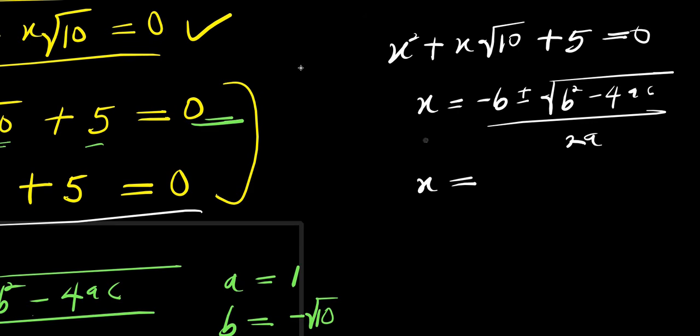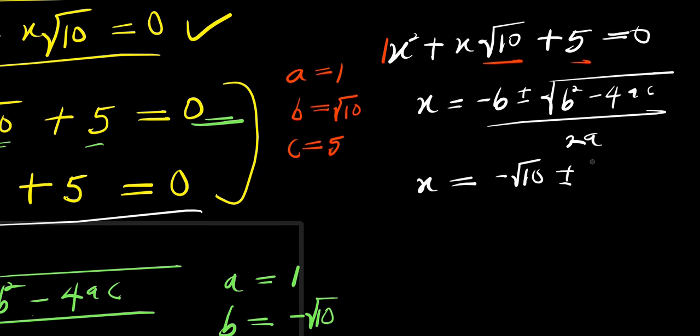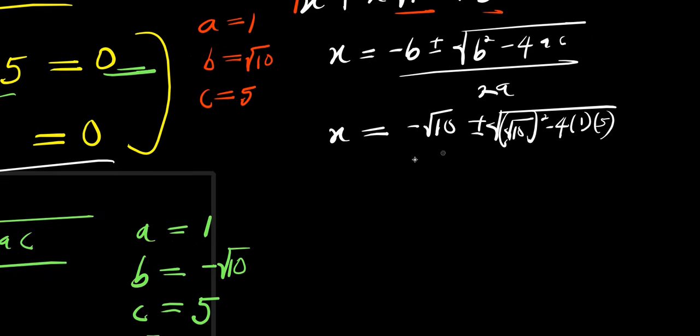From here, a is 1, which is the coefficient of x squared. b is root 10, which is the coefficient of x here. And c is 5, which is the constant here. So I have x equals negative b, that is negative root 10, plus or minus the square root of root 10 to the power 2 minus 4 times 1 times 5, divided by 2a.